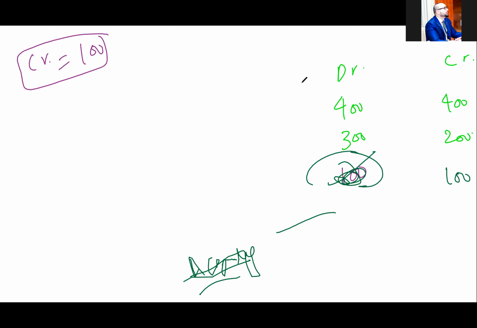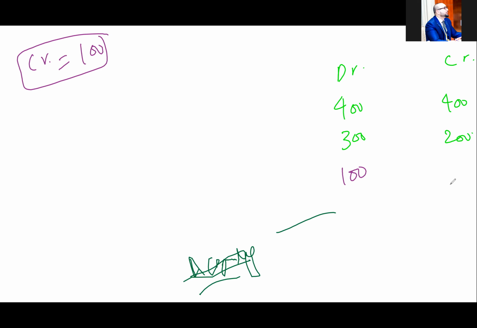What is the adjustment of the error? How do you adjust it? In order to do that, on the credit side there must be 100.